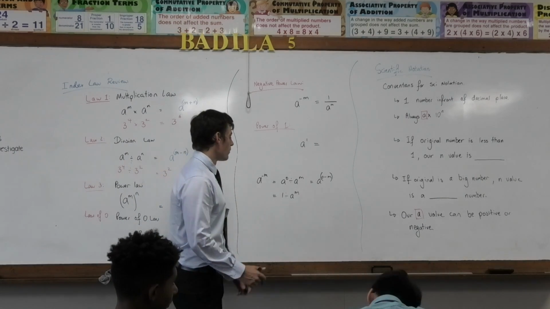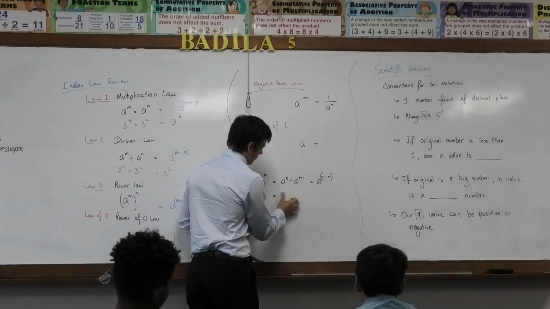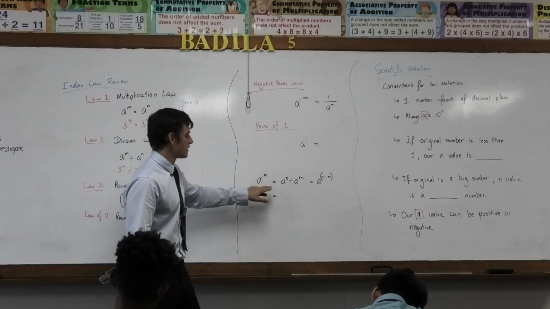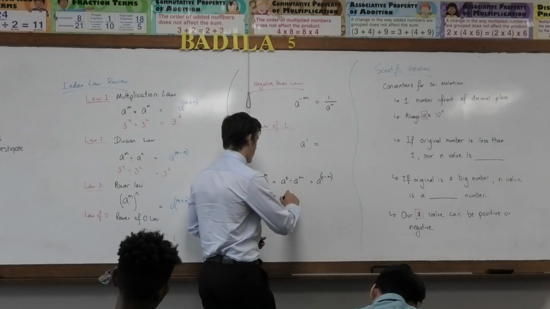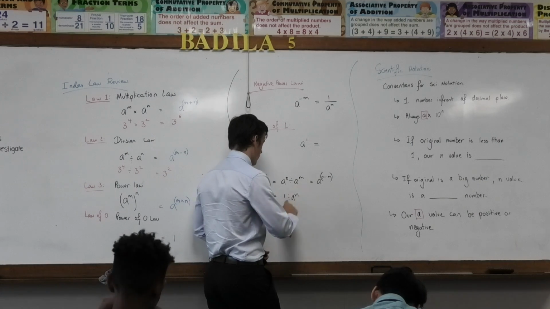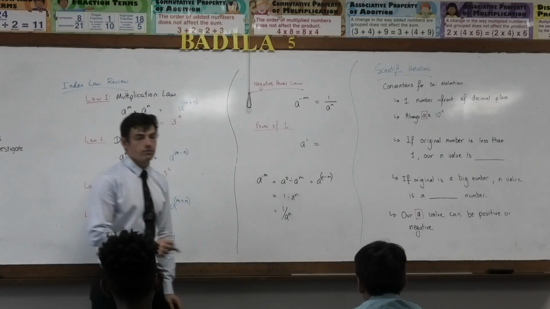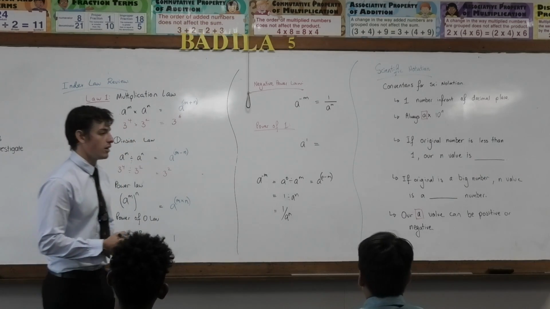So what I'm trying to get at here is that this is the same as this, which is the same as that, correct? And we can represent that as 1 divided by a to the power of m, which looks like this as a fraction, doesn't it? So what have we done with our m?